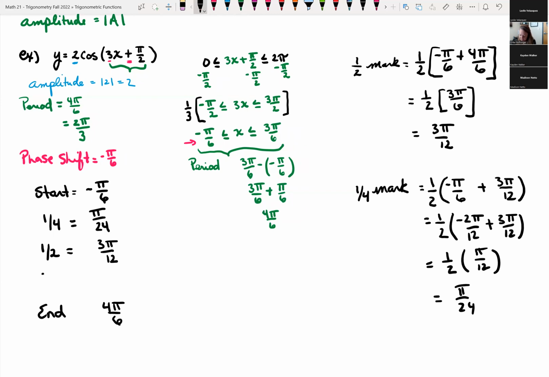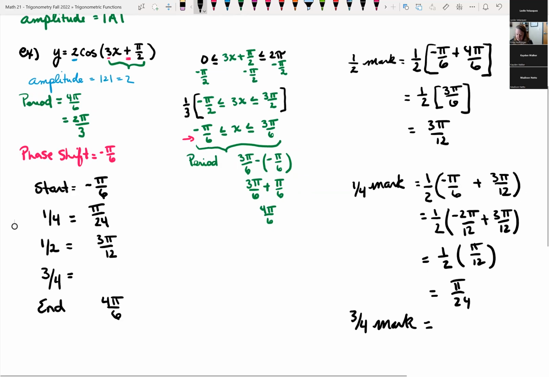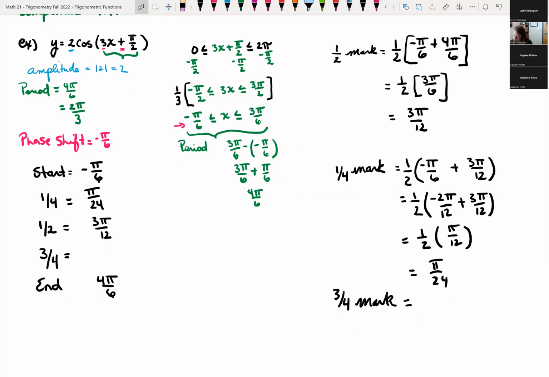These aren't as easy as some of the ones before, when we didn't have that phase shift in there. And so for that 3/4 mark, we are going to take the halfway point, which is 3 pi over 12, plus the end value, which is 4 pi over 6, and multiply that by 1/2.